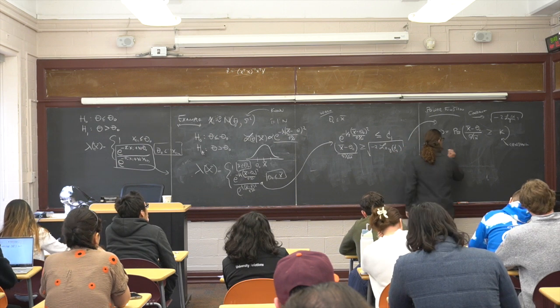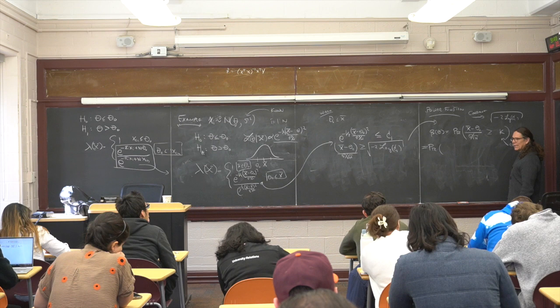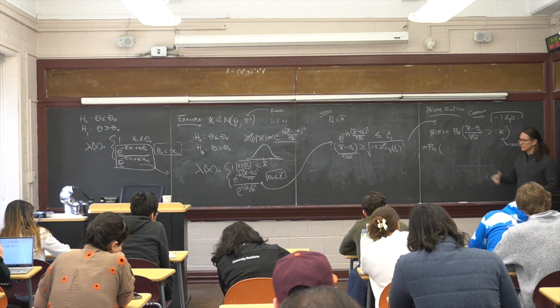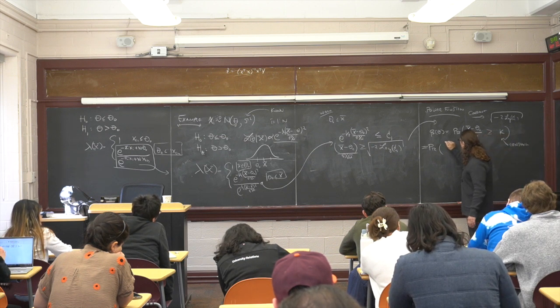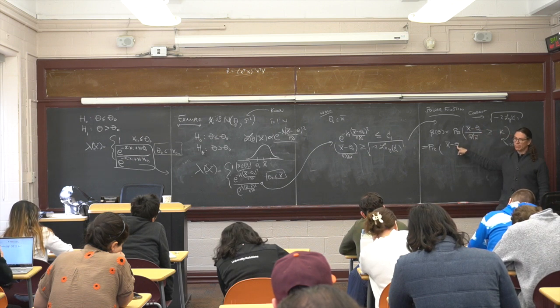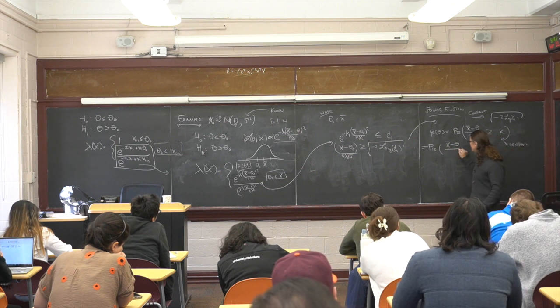So I'm going to rewrite this, get rid of that. I'm going to pull that over to the right-hand side, the theta naught. Again, theta naught is a constant in all of this, so I probably want to pull all my constants over here. And I'm going to rewrite this in terms of the true value of theta and give myself some options, whether or not that's the null hypothesis or the alternative hypothesis.